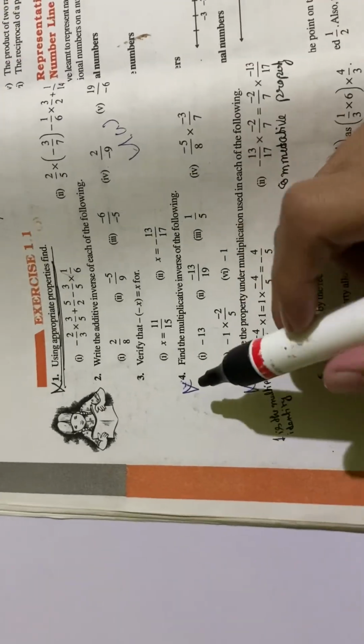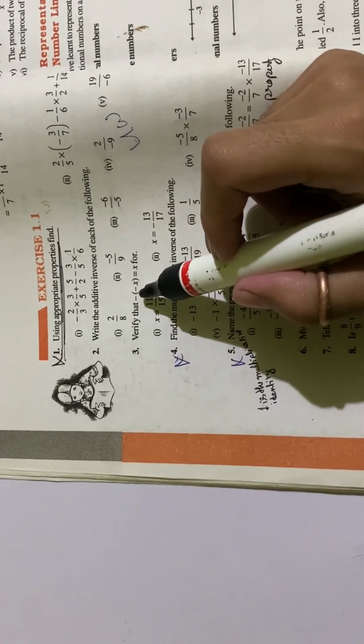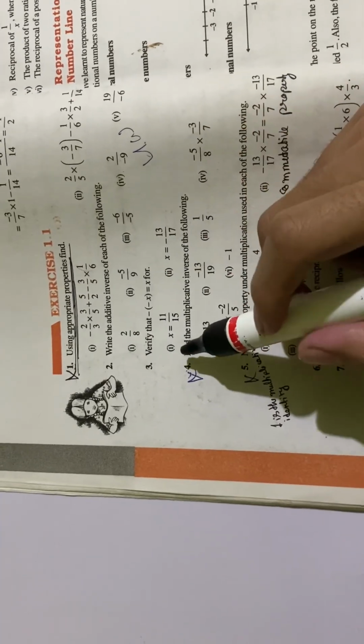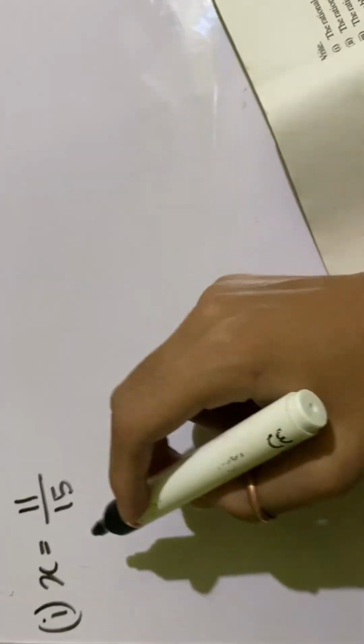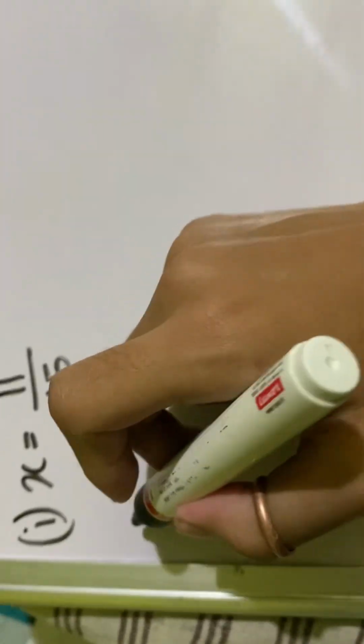Question number 3 says verify that minus bracket minus x is equal to x. Question number 1 and 2, okay, we are going to do, and this is question number 1. Let's solve it.